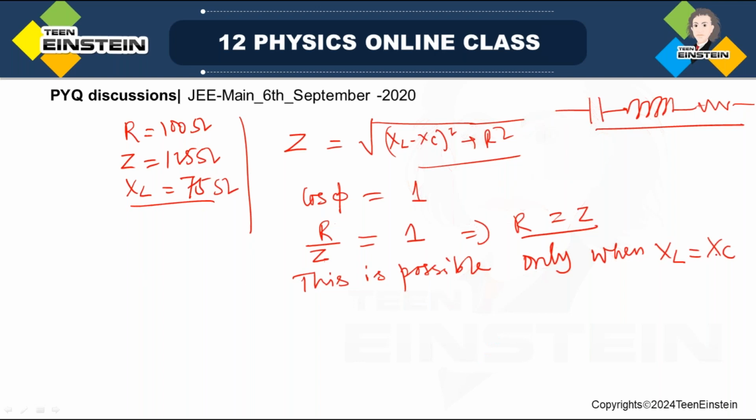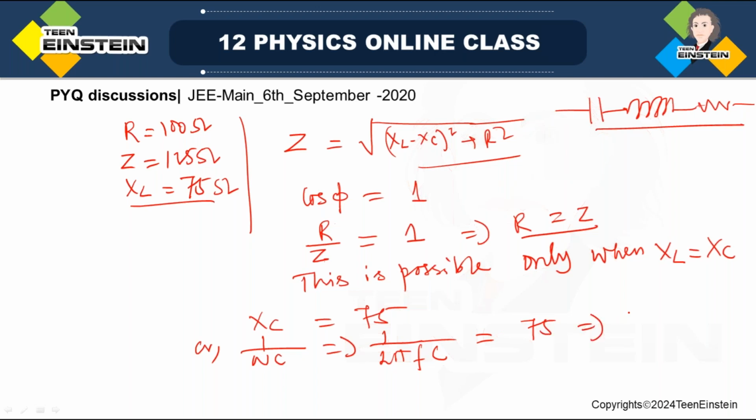I know the value of XL, so that is XC also, this much. Now XC means 1 over omega C, which is equal to 1 by 2 pi F C, and that is equal to 75.